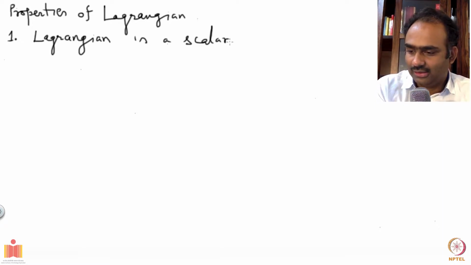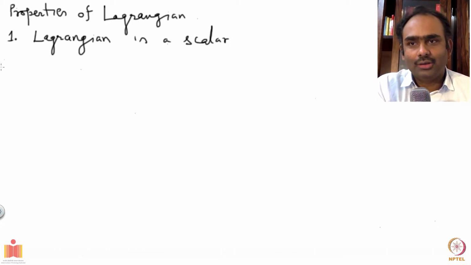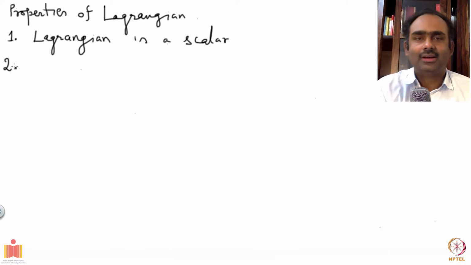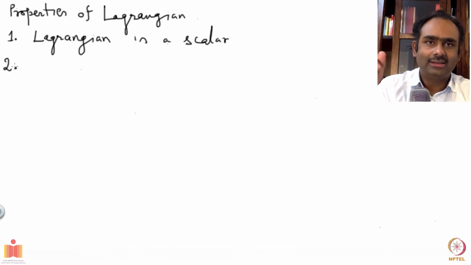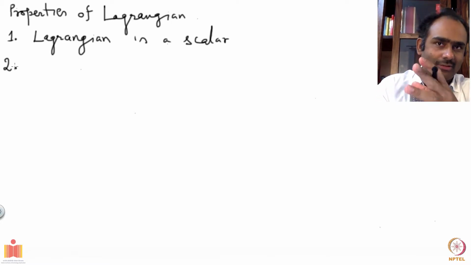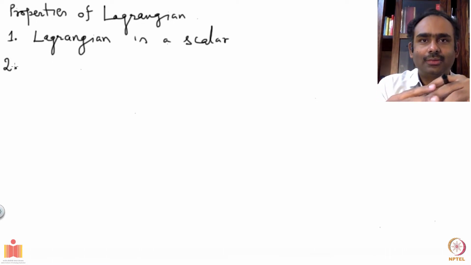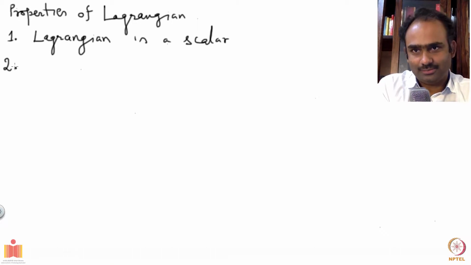Also, let's say you are looking at a system which has several particles, but you can group the particles into two parts. The particles belonging to part A, let's say one of the parts is called part A, do not interact with the particles which belong to part B.